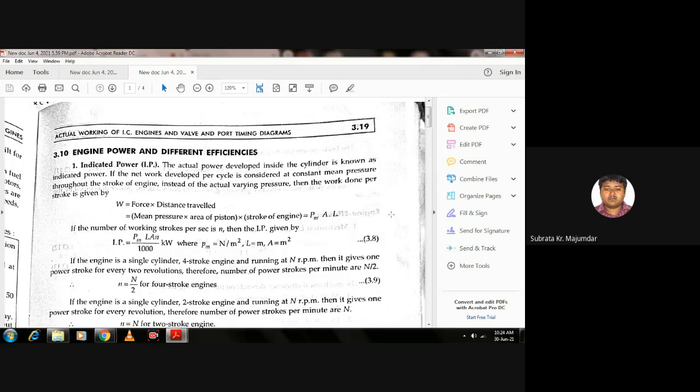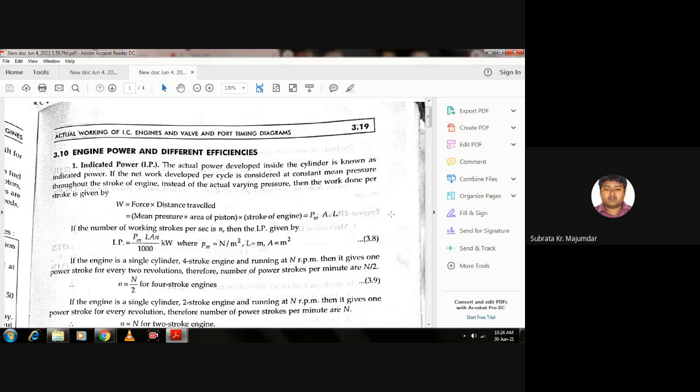If the network developed per cycle is considered at constant mean pressure throughout the stroke of the engine instead of the actual varying pressure, then the work done per stroke is the force into distance traveled.